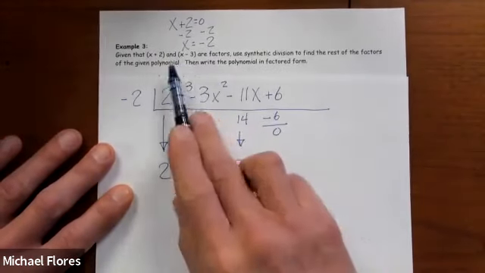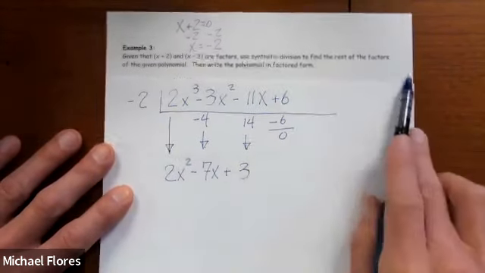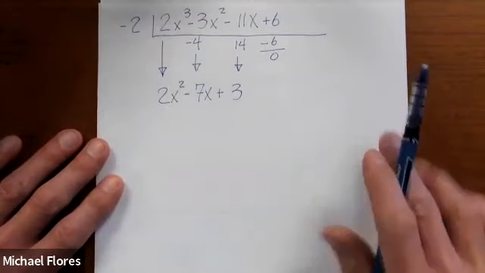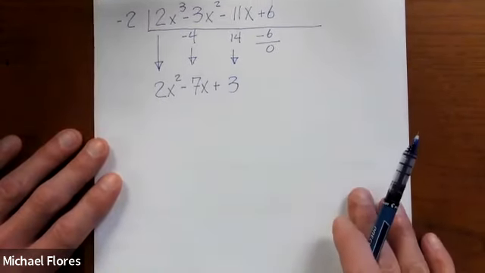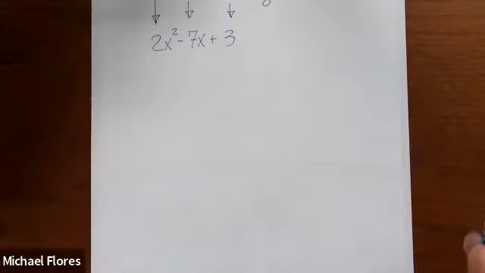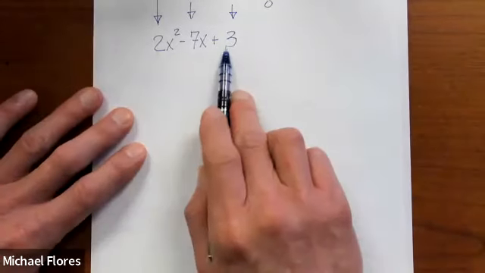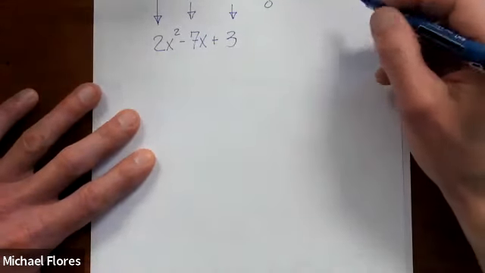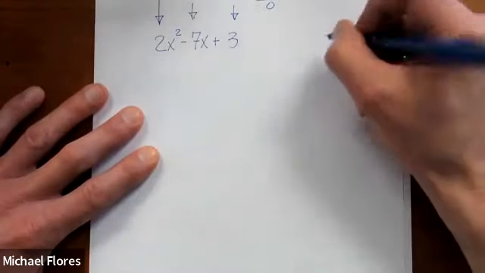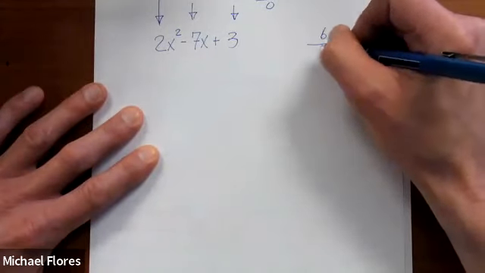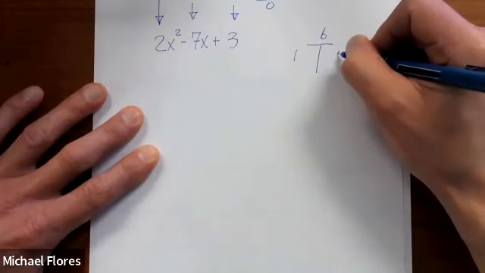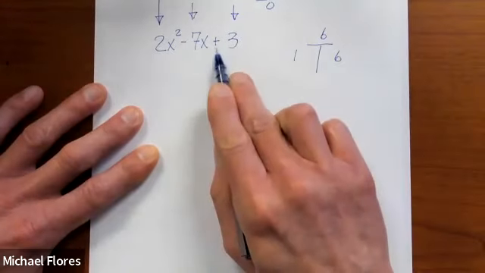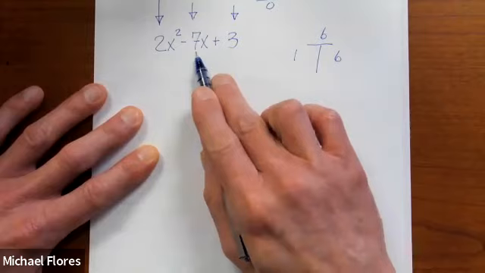Remember, they said use these factors to find the rest of the factors. So what that means is this can factor further. So we need to do that. Let's multiply the first term times the last term, the numbers themselves, not the variables. So 2 times 3 is 6. Now we need the factors of 6 that add to get 7.